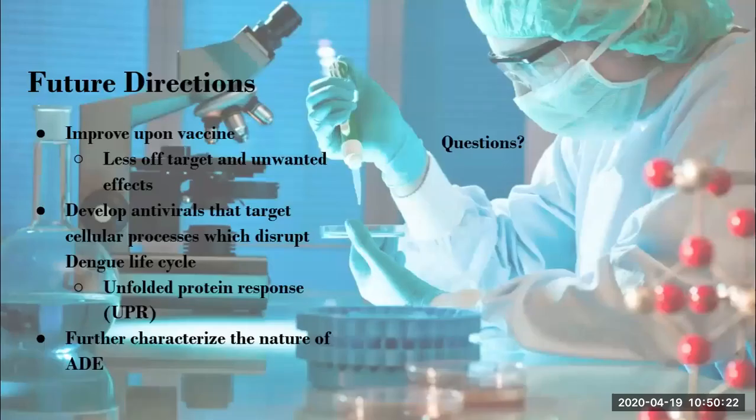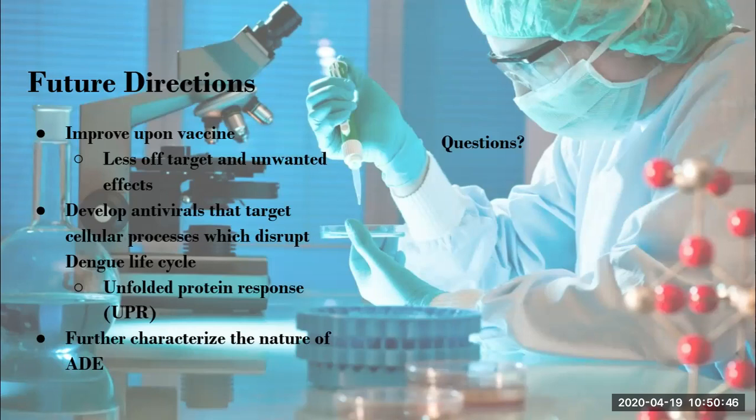And so future directions on where this is going, the vaccine definitely needs to be improved upon, and we would hope that they can limit these off-target effects or these unwanted effects of that vaccine. Alternatively, we can develop antivirals which target cellular processes that are important to dengue's replication. One of them, which I didn't go into, was the unfolded protein response.